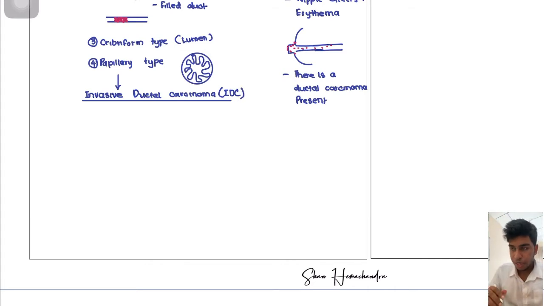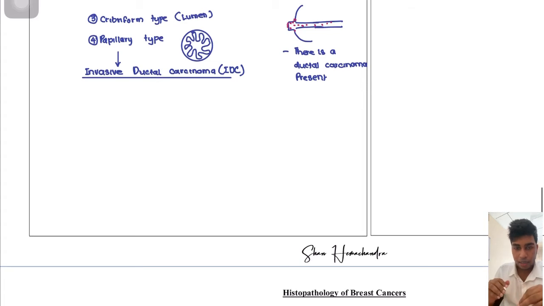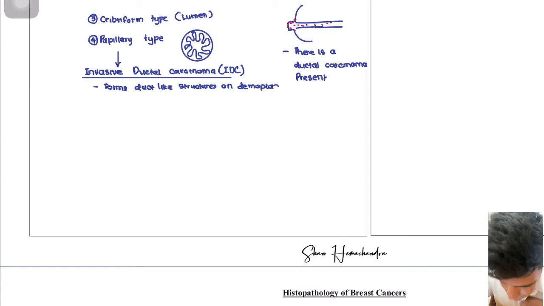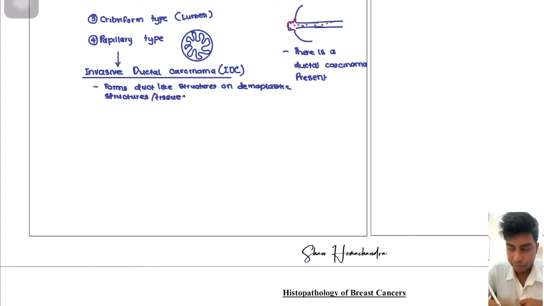Okay, so what you need to know is it forms duct-like structures on desmoplastic structures, or tissues. Okay, and this is present as a mass on a physical examination or during mammography.